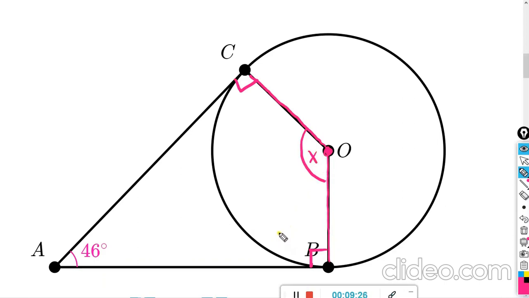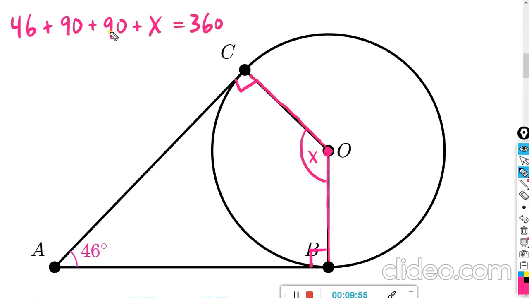And we said a minute ago, the four interior angles of a quadrilateral add to 360. So we have 46 plus 90 plus 90 plus X, and that equals 360.